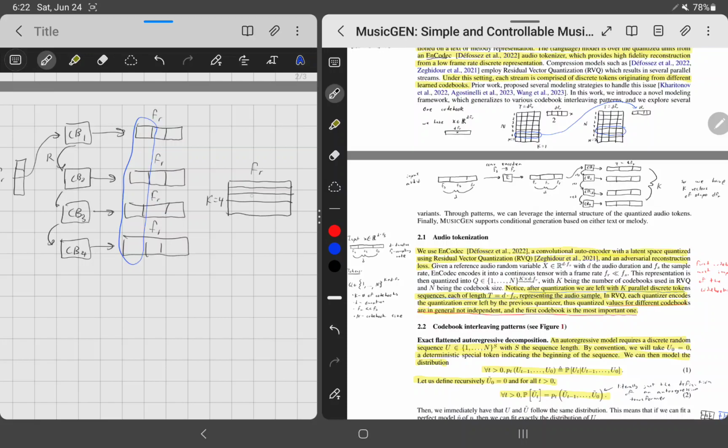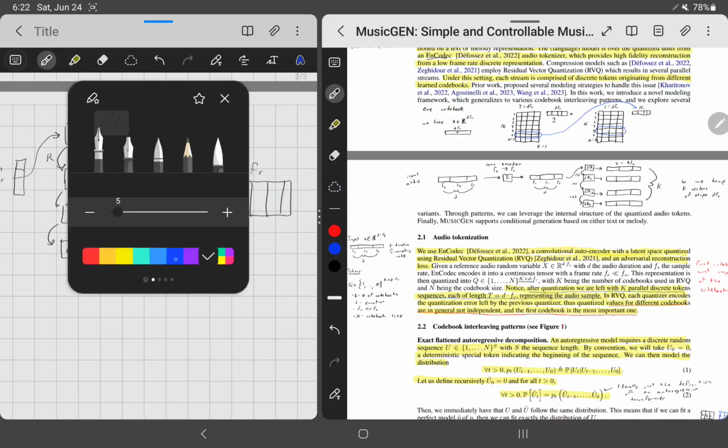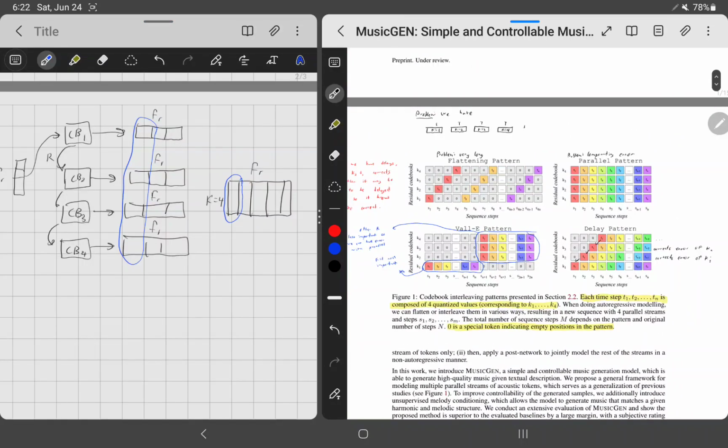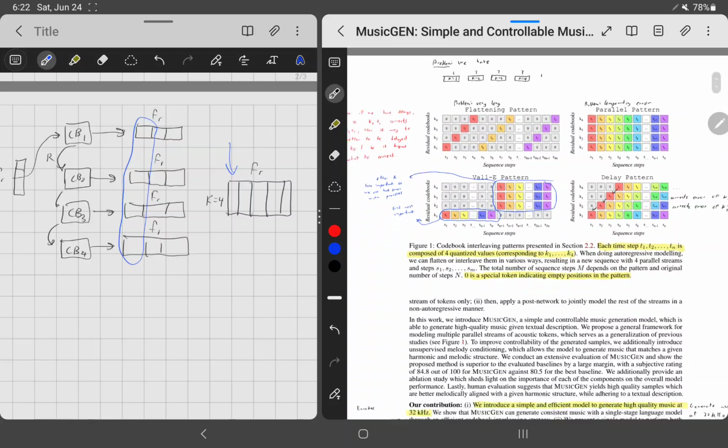So this is our input into the transformer, which we're going to model. And this will be one token. A token isn't along the codebook. A token is one part of the encoded representation of all codebooks. They have a bunch of methods for combining these together. You don't just stack them like I did here, and we'll get into why in a little bit. But you can visualize it like this for now.